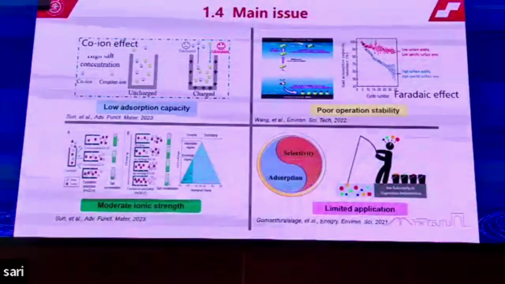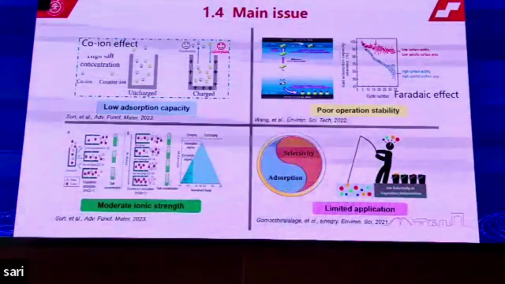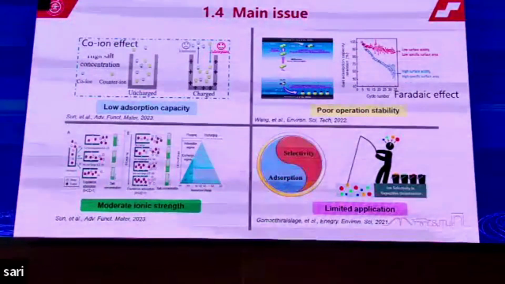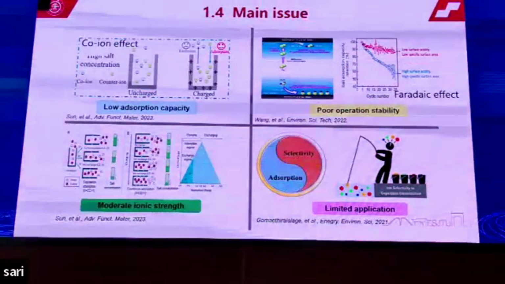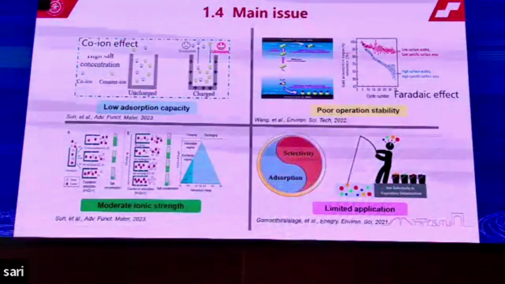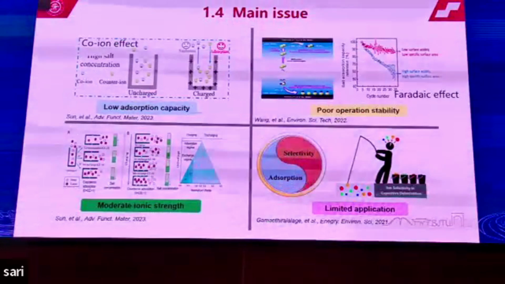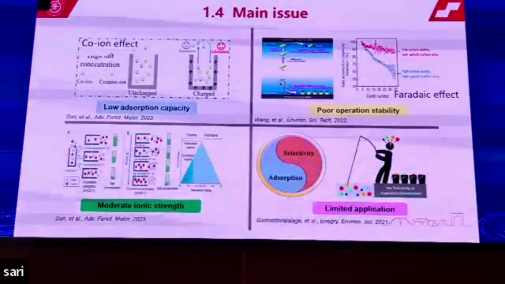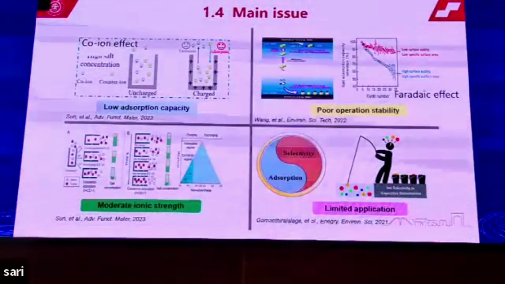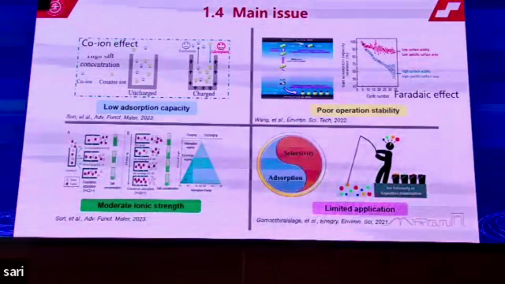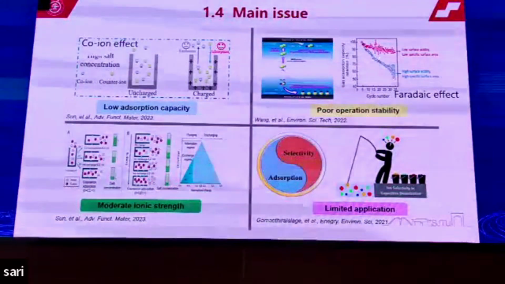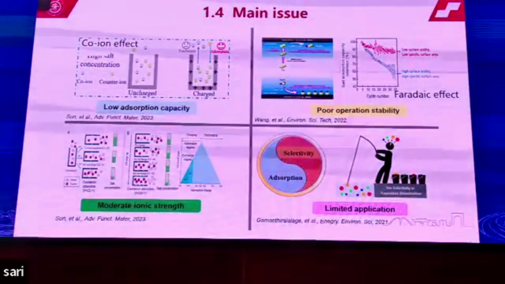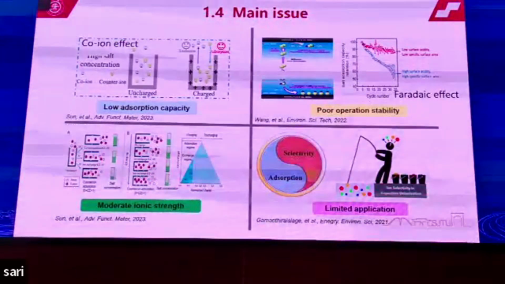However, the commonly used materials still meet some main issues. For example, the electrode usually faces the co-ion effect, which leads to a low adsorption capacity. Another is the faradaic effect: at the anode and the cathode, some hydrogen ions or hydroxide groups will be produced, so the lifetime of the electrode will be inhibited, which leads to low operation stability.